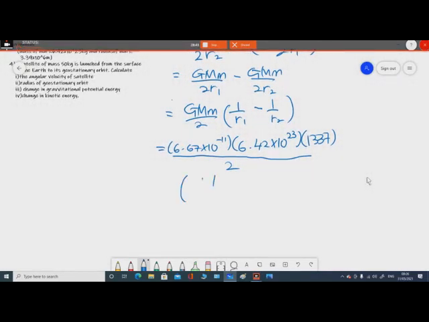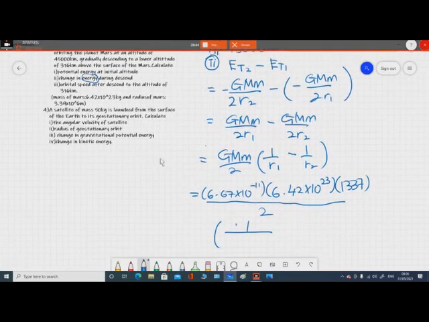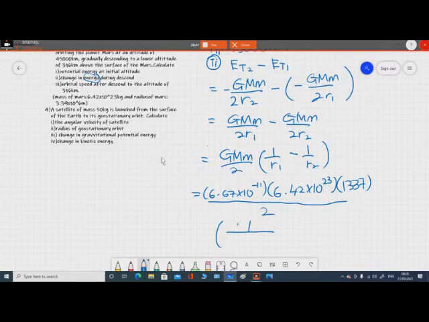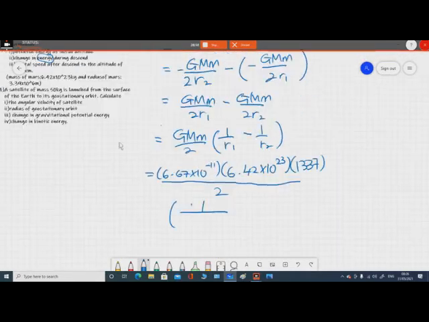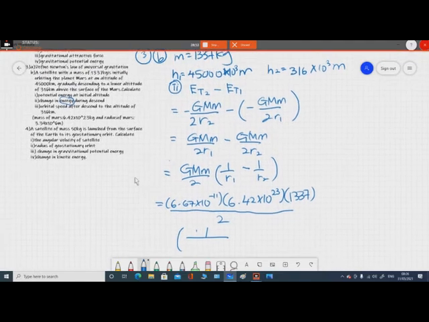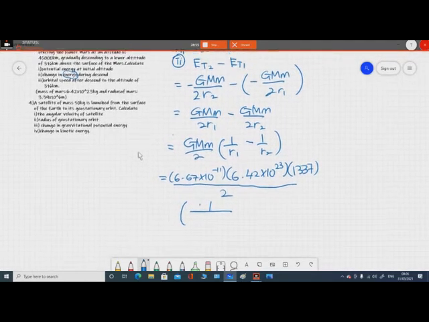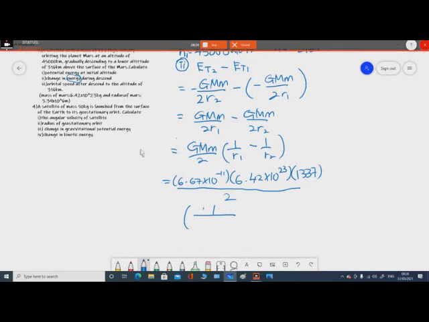So the initial distance is 45000 times 10 to the power of 3 plus the radius of Mars. Okay, the radius of Mars is actually 3.39 times 10 to the power of 6.